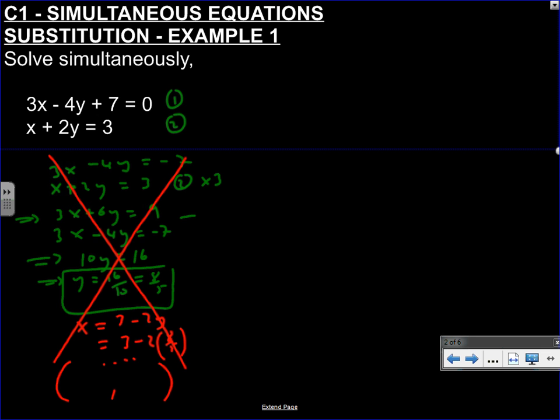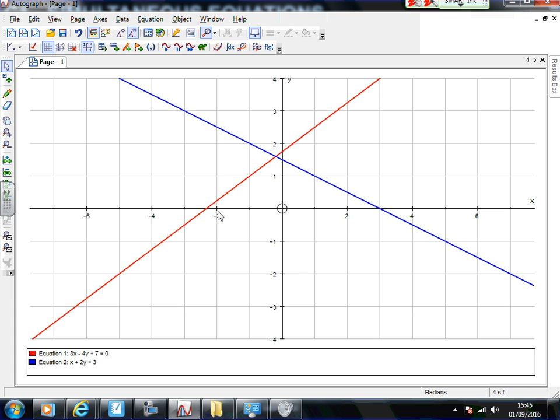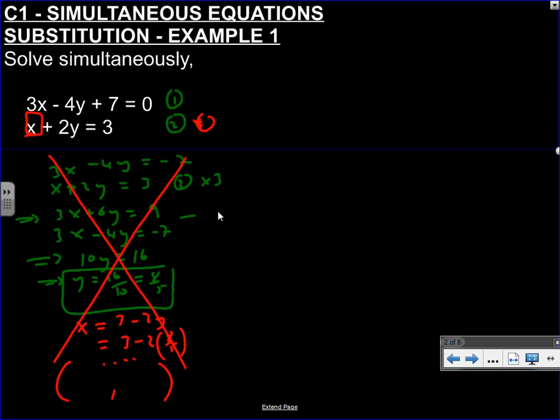Because most problems will be using this method. So what we're going to do is, rather than timesing this second equation by 3, we're going to just see that in simultaneous equations, for these two curves, the x and y are the same. So therefore it makes perfect sense that this x and this y are the same at that point as this x and this y.